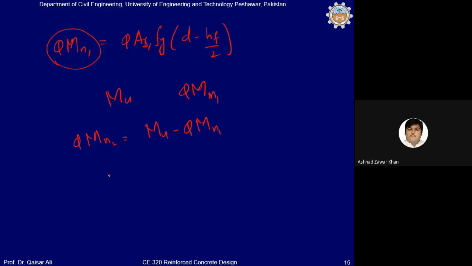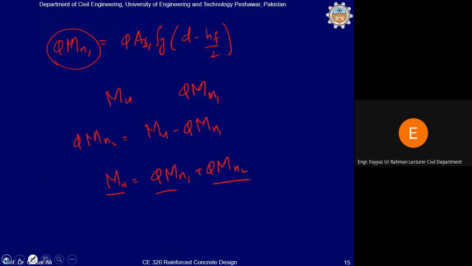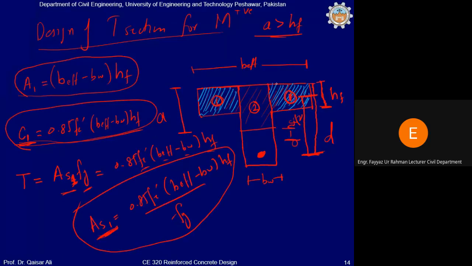Yes, sir. In other words आप इस तरह लिख सकते हैं कि Mu total demand will be resisted by capacity provided by area 1 plus capacity provided by area 2. अब क्लियर है कि नहीं? यहाँ आप देखें ना, total demand will be resisted by this area 1 and area 2. Clear?